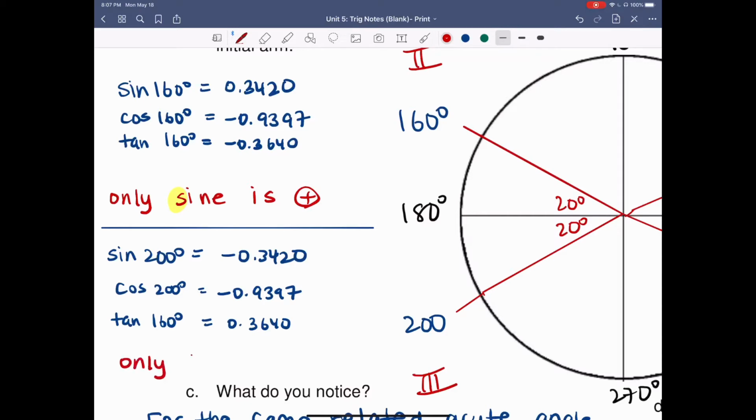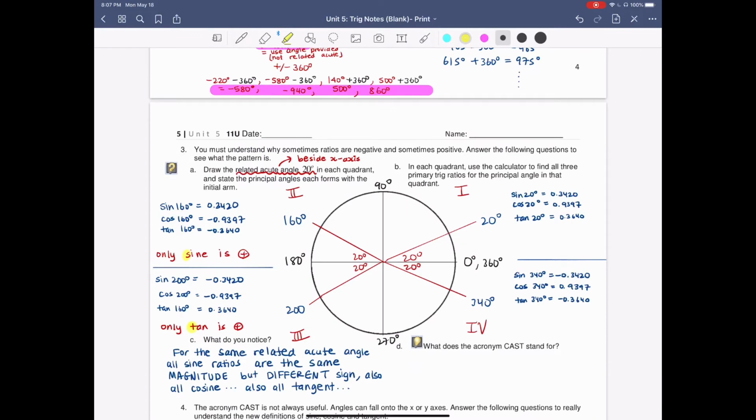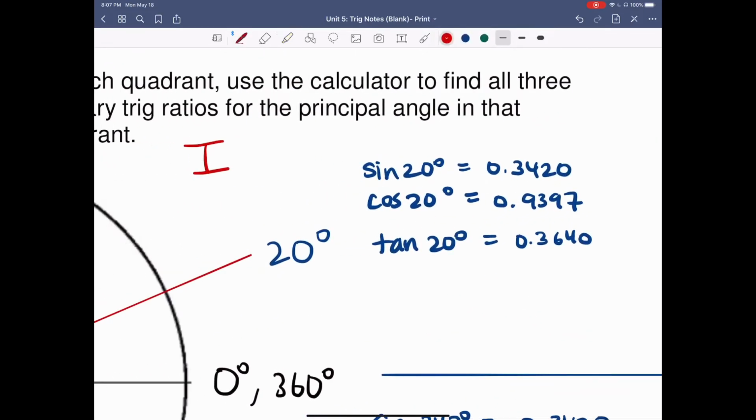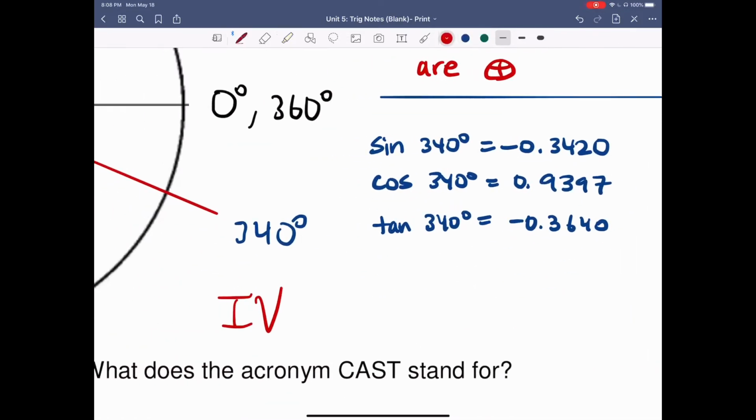Only tan is positive. Okay, on to quadrant 1. Well, look, all three trig ratios are positive. And for quadrant 4, only cosine is positive.